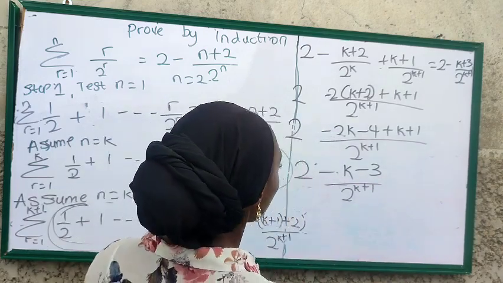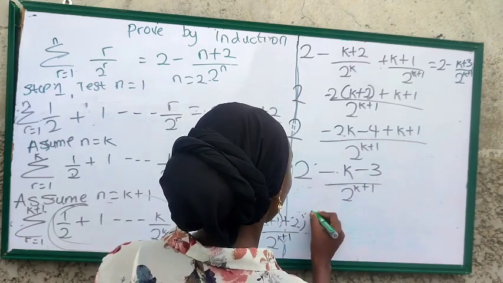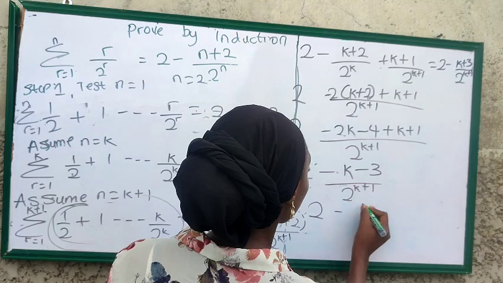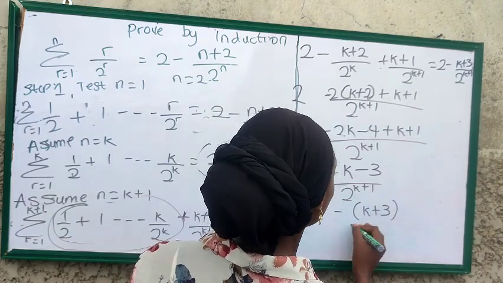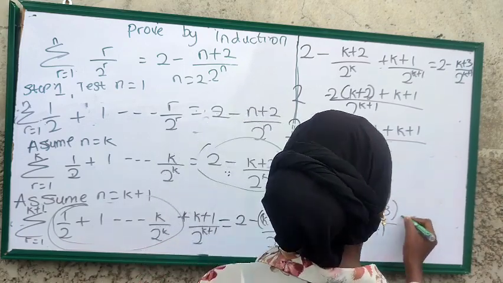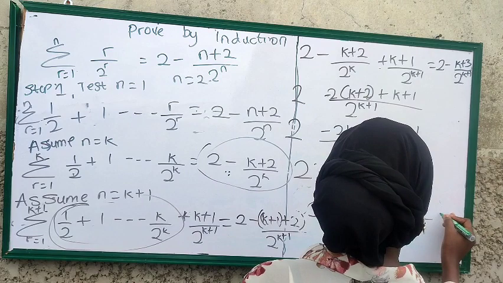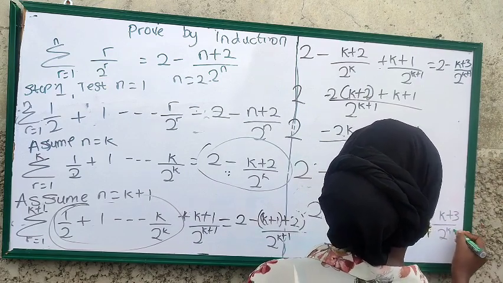Now we have a minus here, so we can bring our minus out. It will now be 2 minus bracket (k plus 3), which is over 2 to the power of k plus 1. Now we can see that this equals 2 minus (k plus 3) divided by 2 to the power of k plus 1.